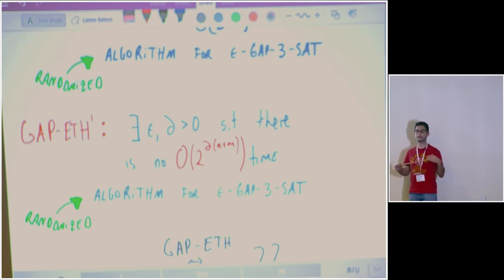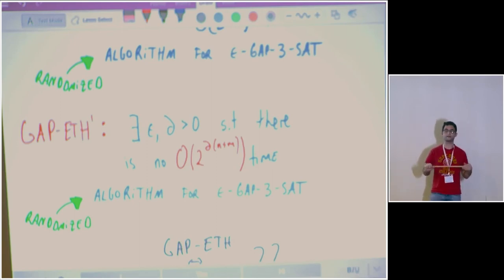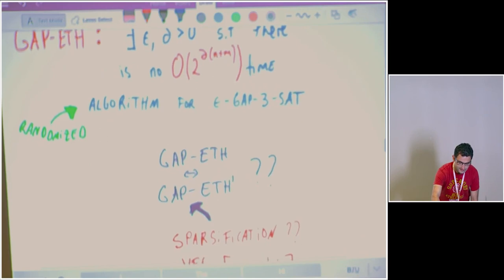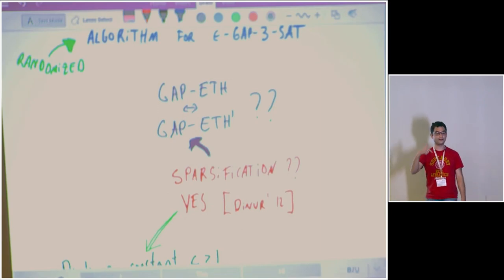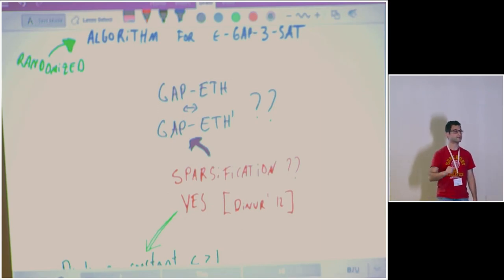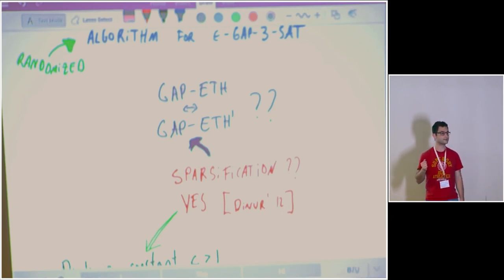So from now on, whenever I say gap ETH or gap ETH prime, I'm always going to mean it for randomized algorithms. Okay, so the interesting thing is that the specification lemma for ETH doesn't actually apply here, but a much easier argument applies for a specification lemma for gap ETH than for ETH, incredibly.